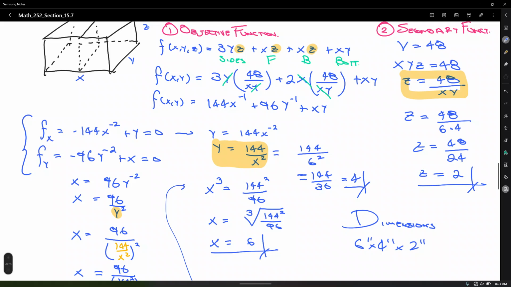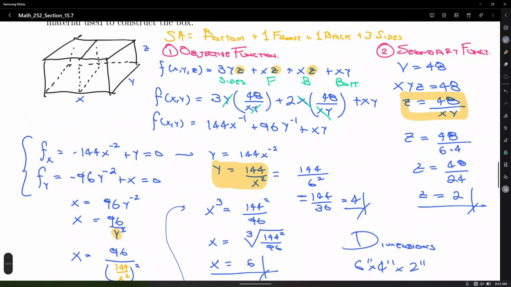And then once you get those critical points, just backtrack to the very beginning, to the secondary function, to get the unknowns. All right, in this case, the dimensions will give us the minimum amount of material in the box, constrained to 48 to have the box hold 48 cubic inches.